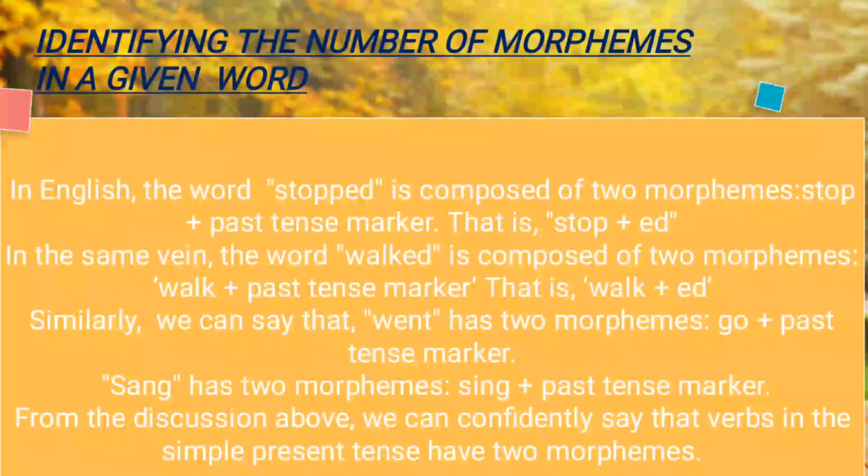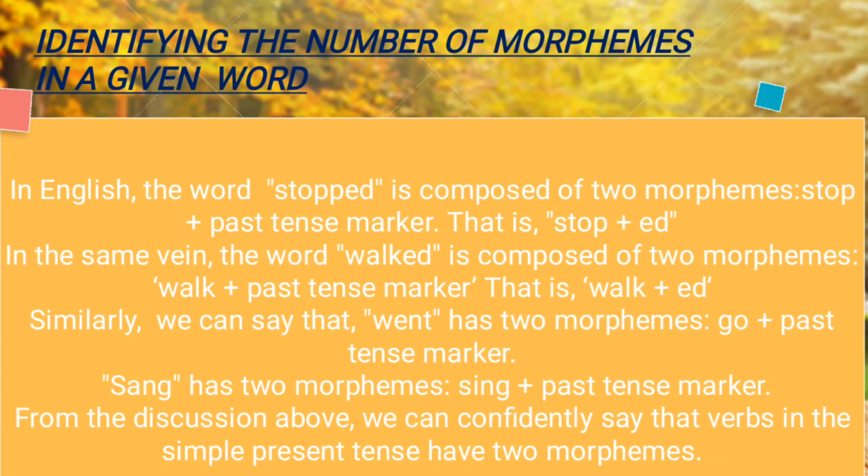Now, identifying the number of morphemes in a given word. In English, the word stopped is composed of two morphemes: stop plus past tense marker, that is stop plus ed. Thus, the word stopped has two morphemes.